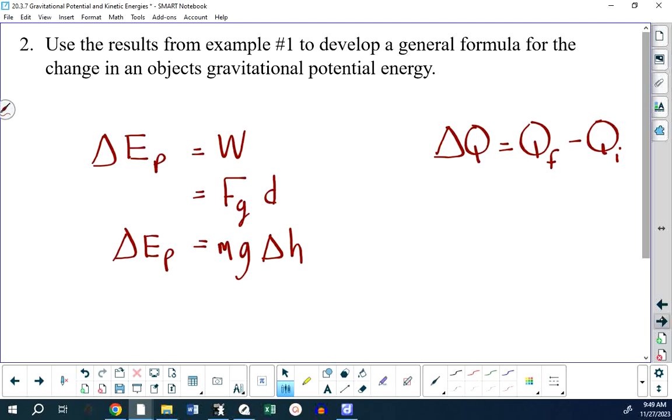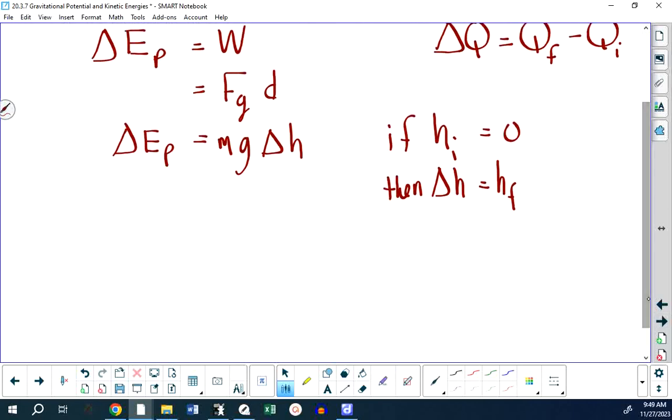Always. So I want to make a point here that if the initial height is 0, then delta h is simply the final height. And that means that we come up with this formula for the potential energy at a certain height above 0.